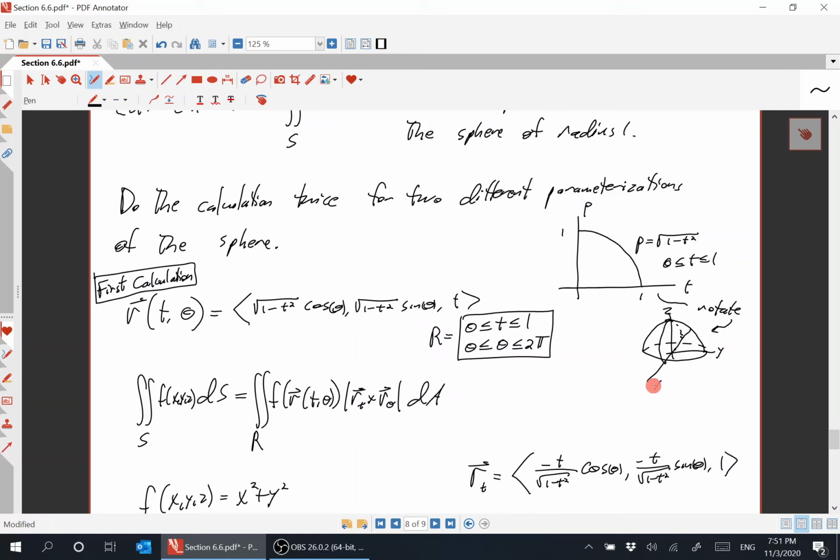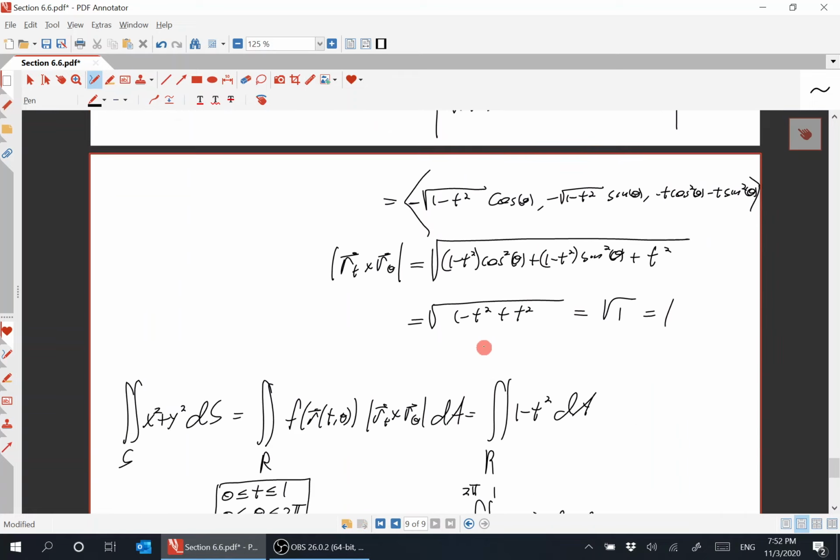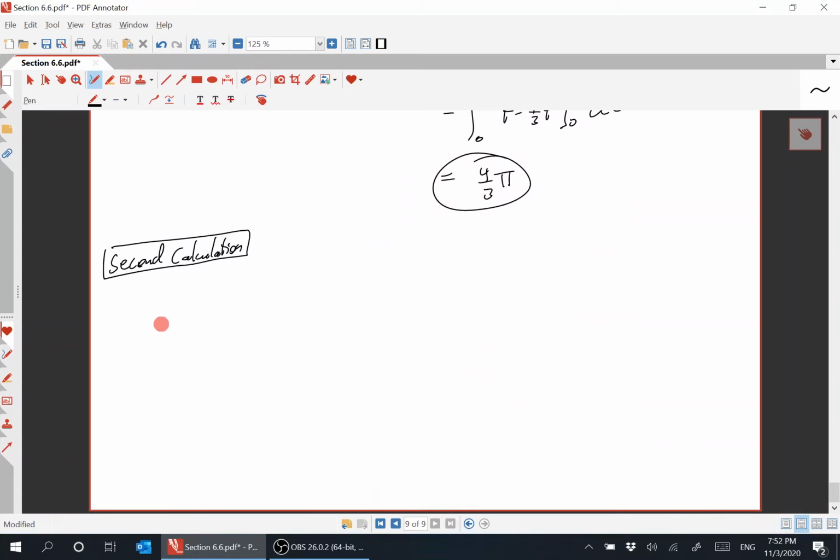Let's try another one. Remember, we can represent the sphere using spherical coordinates. So let's say r of theta, phi, where x is equal to cosine theta sine phi, rho equal to 1, y is sine theta sine phi, rho equal to 1, z is cosine phi, with rho equal to 1.